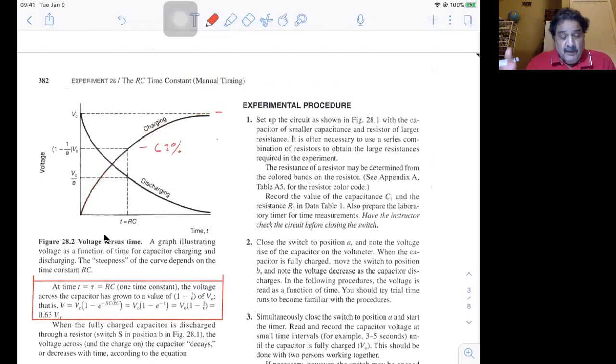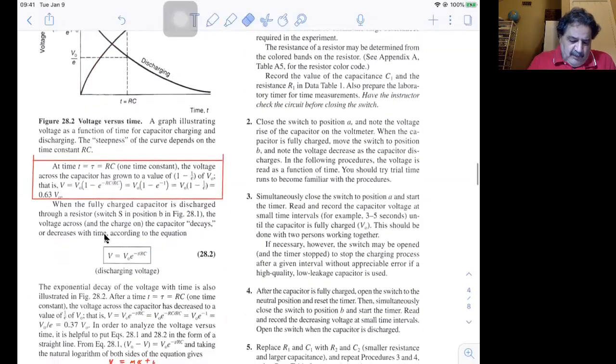So if you had 10 volts, this would be 6.3 volts. We're only working with 3 volts, 3.03 to be exact. So we'll read what this says.